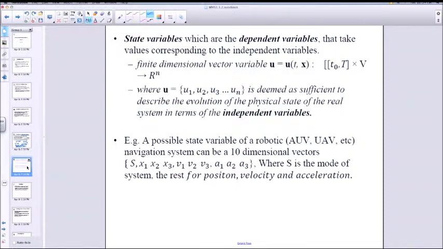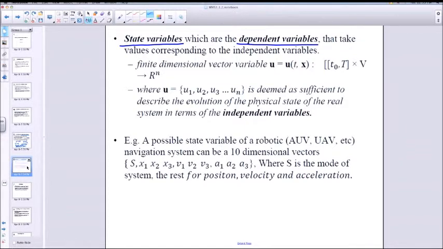The second concept, you can call it a dependent variable. But in a dynamic system, we typically call it state variables. Those are the unknown functions you are interested in calculating. This state variable typically is what you can observe.